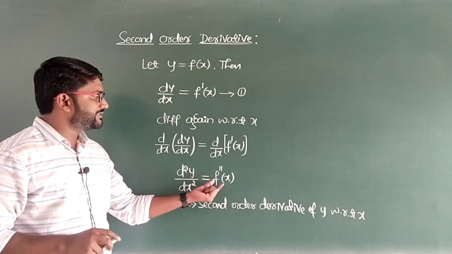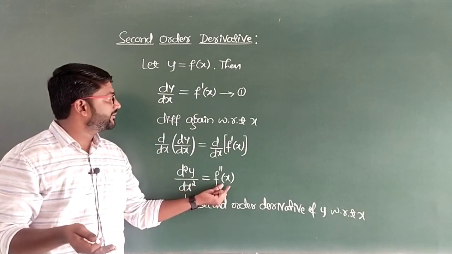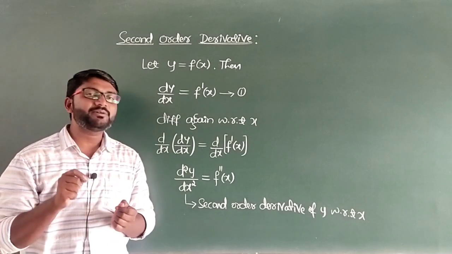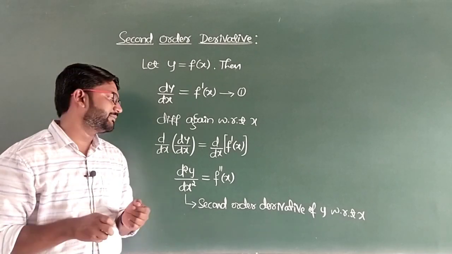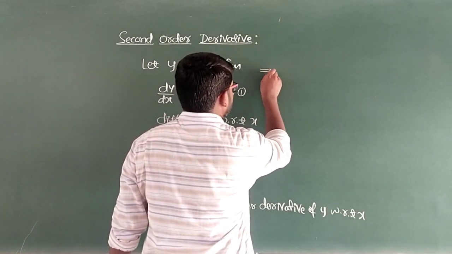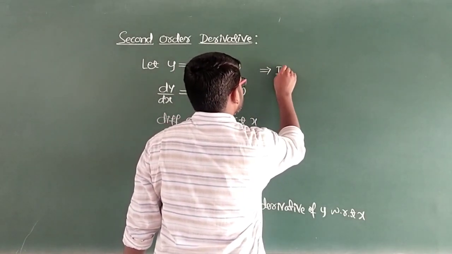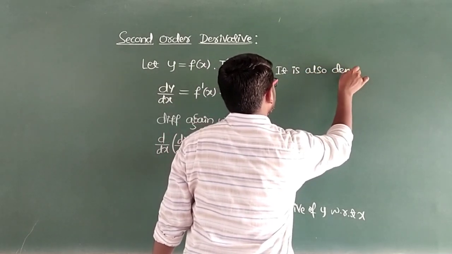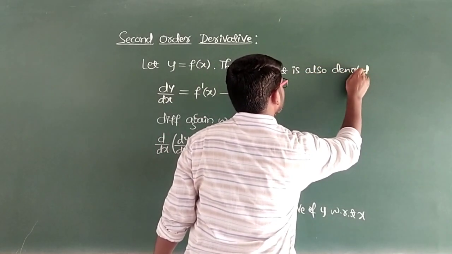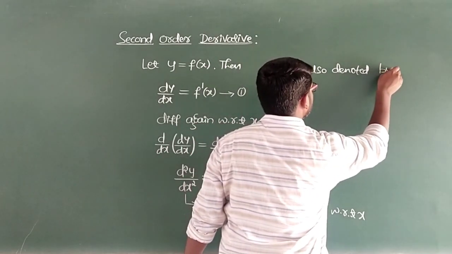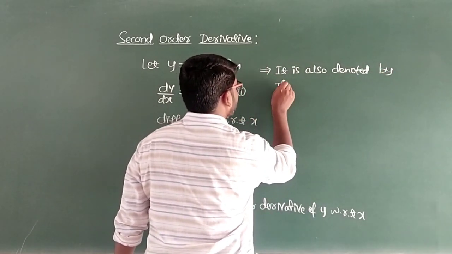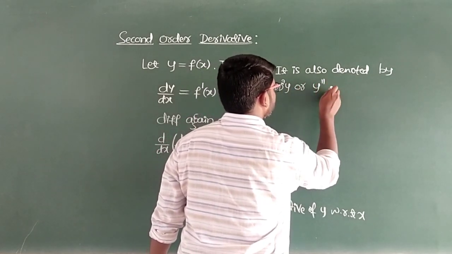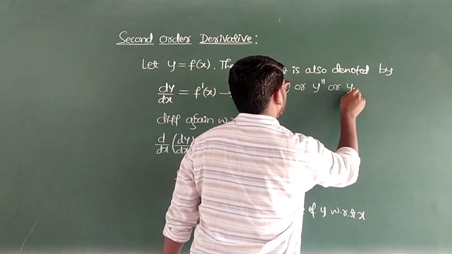And here f double dash of x is the second order derivative of f of x, and here the second order derivative of y can also be represented by, so I will write the point here, it is also denoted by d square y or y double dash or y2.